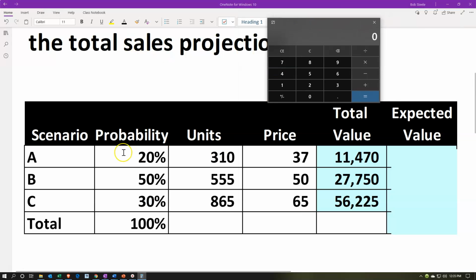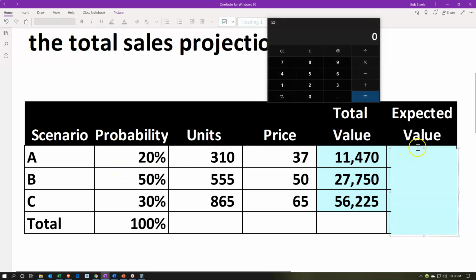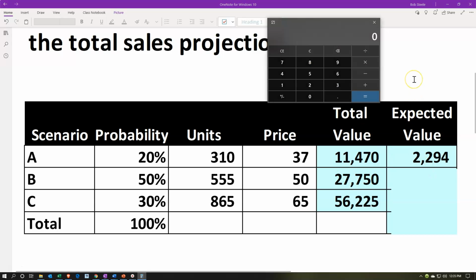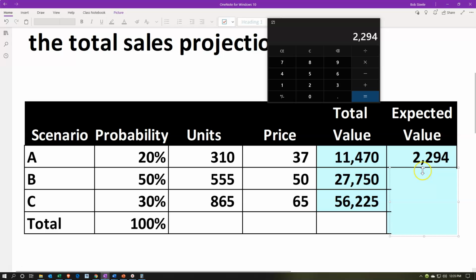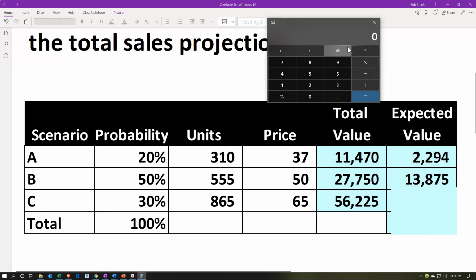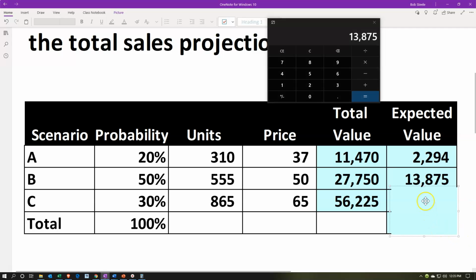We can take some type of estimate. So now we're going to say we think the likelihood is 20, 50, 30, for a total likelihood of 100%. In so doing, we can then get our expected value. Let's take the total value we had, 11,470, and multiply it times that 20% or 0.2, which gives us 2,294. For B, we would take the 27,750 times the likelihood of 50% or 0.5, giving us 13,875.